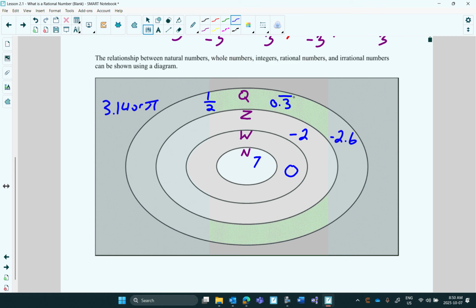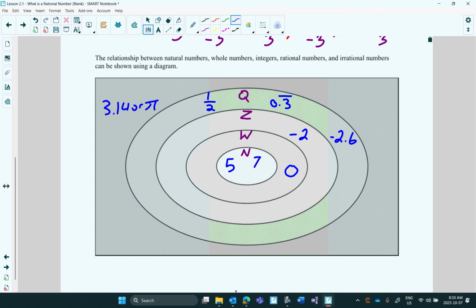Finally, square root of 25. Think of what that is. All right, Romy, square root of 25, where would it go?